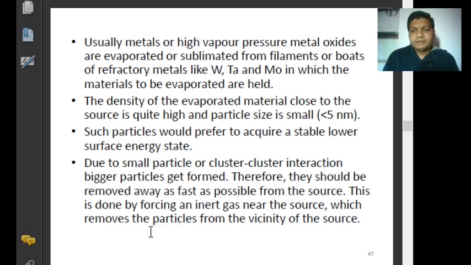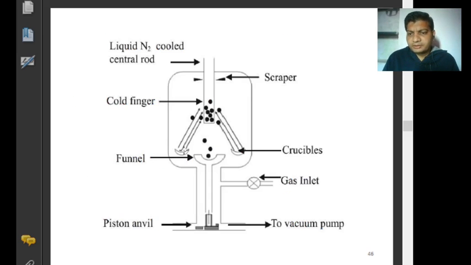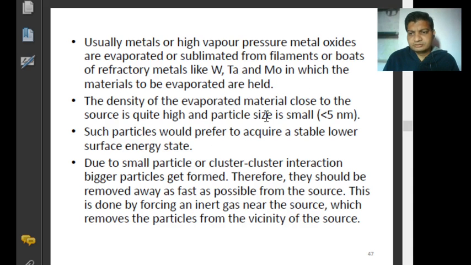Usually metal or high vapor pressure metal oxide are evaporated from the filament or boats of refractory metals like tungsten and molybdenum, in which the material to be evaporated is held. Basically we have to evaporate the metal by using this tungsten or molybdenum, and if the metal is solid, it will get evaporated into gas.